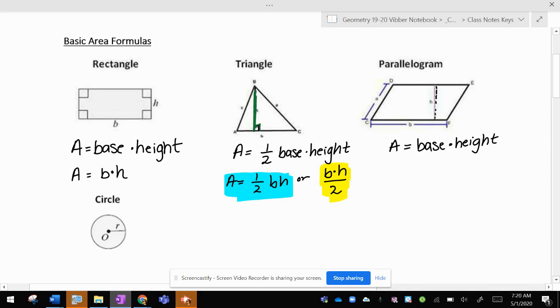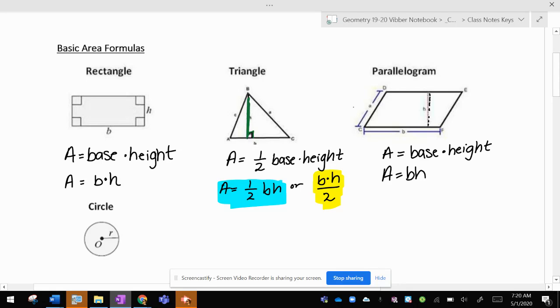Now over here we have base times height, which is the same as a rectangle. But wait, how can a parallelogram have the same area formula as a rectangle? They don't look the same. A parallelogram has these slanty sides on the left and on the right. Well, the reason it's the same is because I can take this slanty piece over here, and if I shift it, bloop, it's that thing right there.